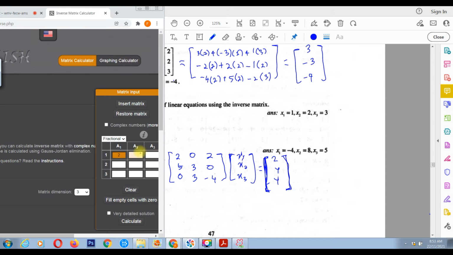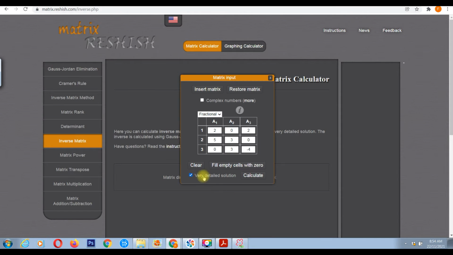So we need to find the inverse first: 2, 0, 2, 5, 3, 0, 0, 3, -4. Every detail you need to take here, every detail of the solution calculation.